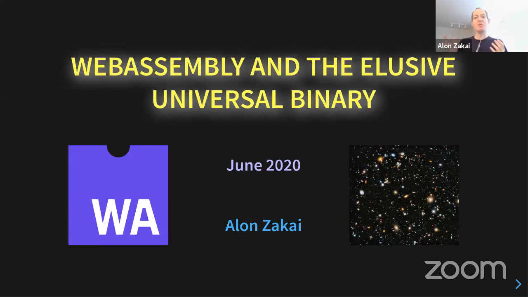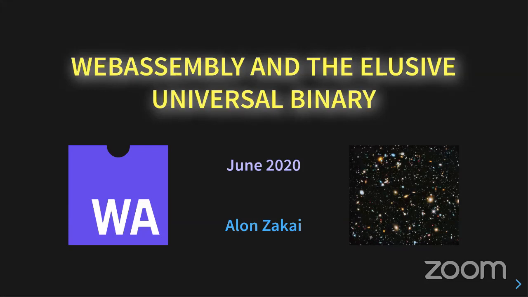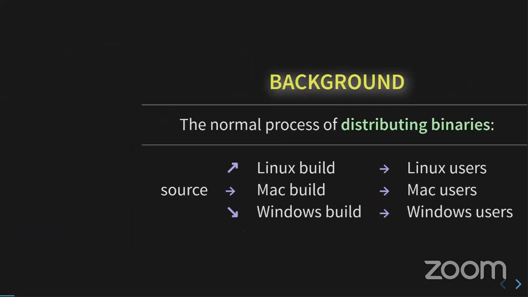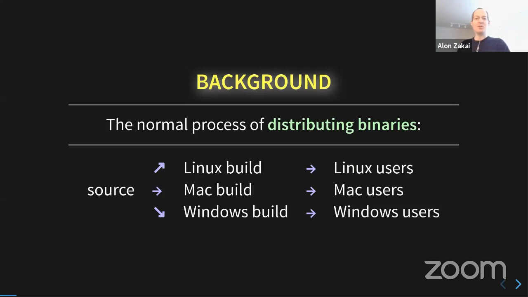So I want to talk about WebAssembly and the elusive universal binary, whatever that is. The background here is the normal process of distributing binary executables. You have your source code, compile it for Linux, for Mac, for Windows, and then you ship the appropriate build to the appropriate users.